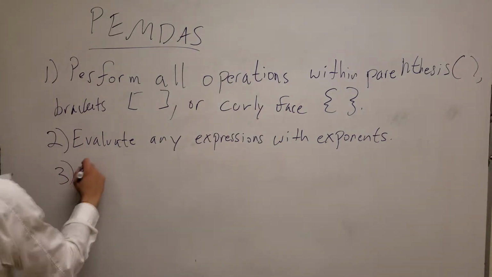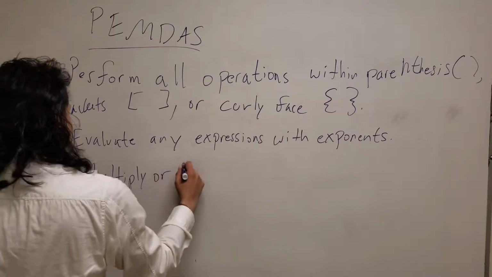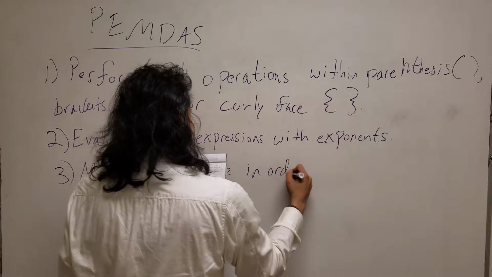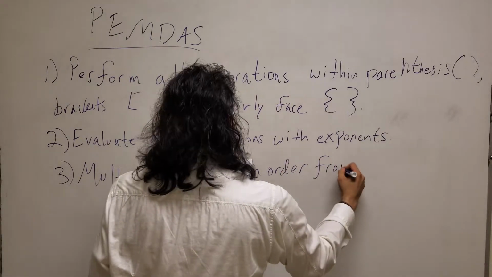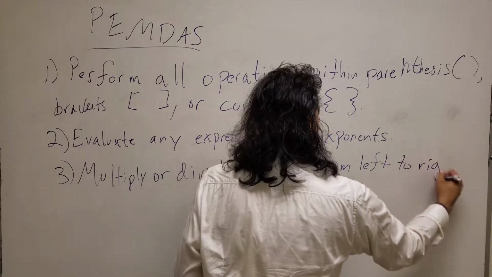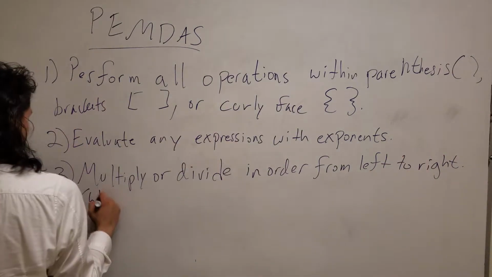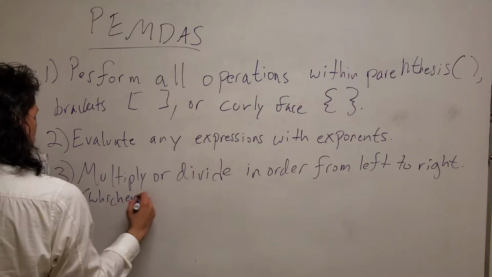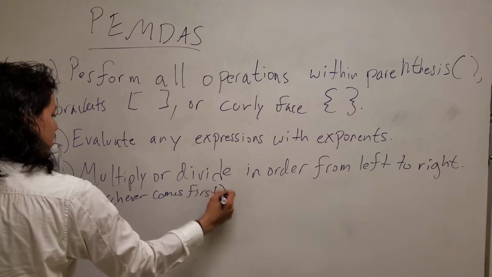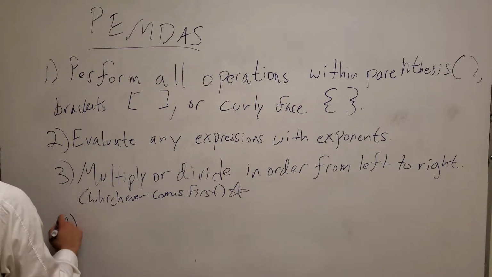Third, multiply or divide in order from left to right. We'll put little parentheses, whichever comes first. Put a little star there. That's very important to remember.